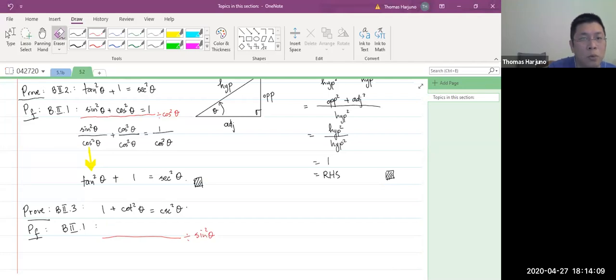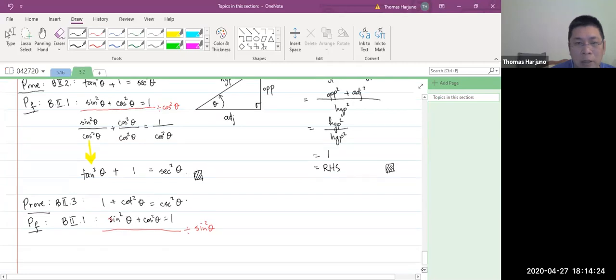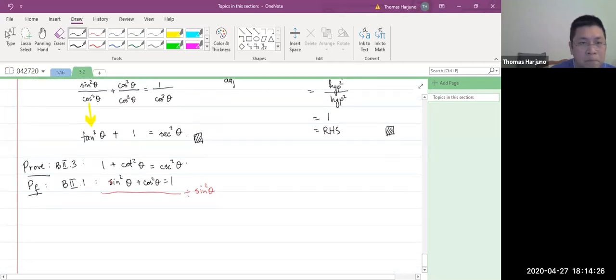From B21, we get sine squared theta plus cosine squared theta equals 1. Then we will divide by sine squared theta. So I get sine squared theta over sine squared theta plus cosine squared theta over sine squared theta equals 1 over sine squared theta.